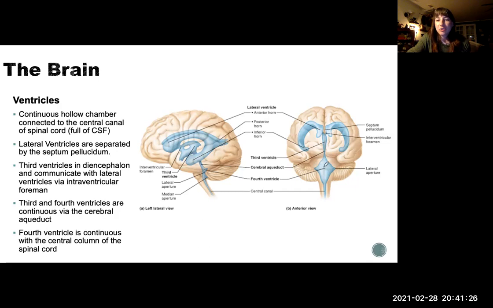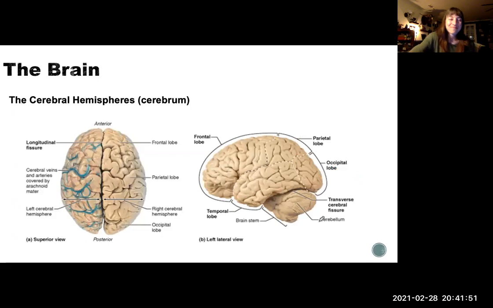But these are all continuous, and the fourth ventricle is continuous further with the central canal that runs down the entire length of the spinal cord, which is also full of cerebrospinal fluid because this is all continuous. Okay, so lateral ventricles, third ventricle, fourth ventricle here, which are all continuous with the central canal, which goes all the way down the spinal cord.